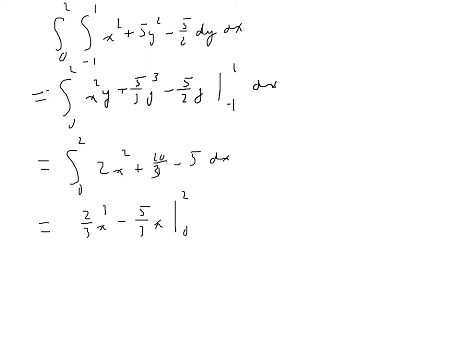We plug in the upper limit, 2, we subtract plugging in the lower limit, and I think you get 16 thirds minus 10 thirds, which is equal to 6 thirds, or 2. Okay, so I did that pretty quickly. You should go back and check that I did the right thing and that you can do it yourself. So check it or work another example that's in WebWorK in the book.